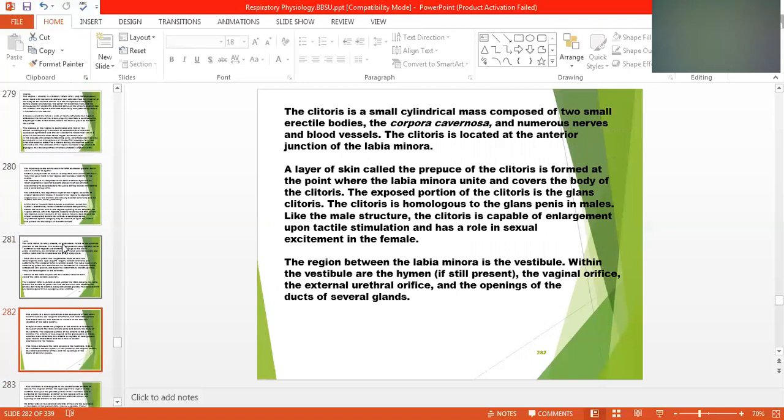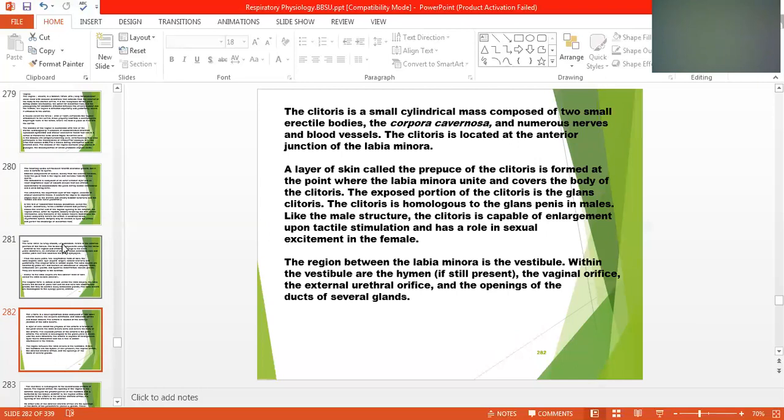The clitoris is a small cylindrical mass composed of two small erectile bodies, the corpora cavernosa, and numerous nerves and blood vessels. The clitoris is located at the anterior junction of the labia minora. The layer of skin called the prepuce of the clitoris is found at the point where the labia majora unite and cover the body of the clitoris.